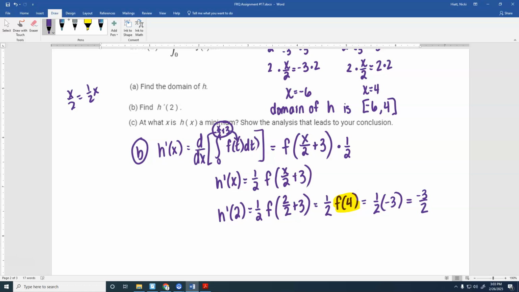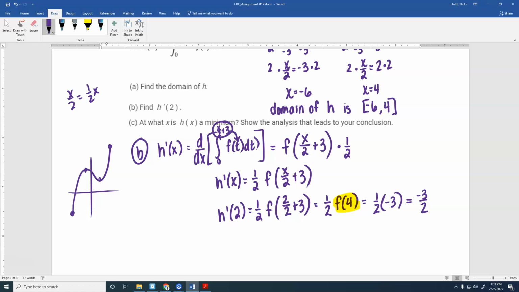On that problem it was the endpoint, and nobody really checked the endpoints. We could have a relative maximum or minimum, but the absolute is actually on the edges, so we have to check for that.